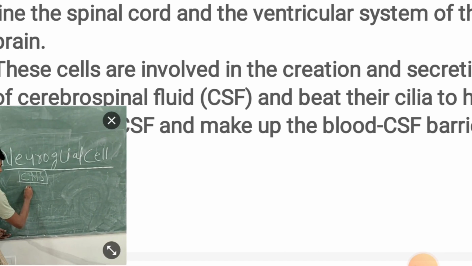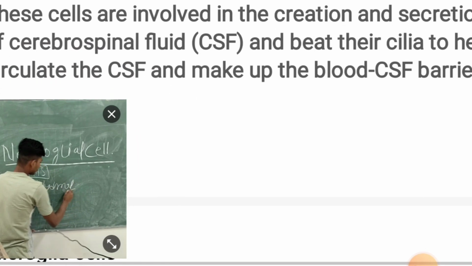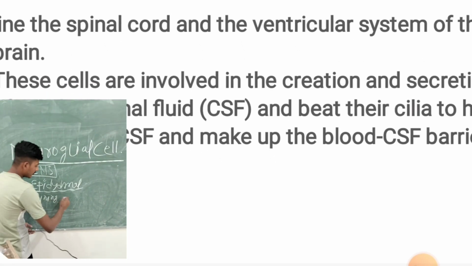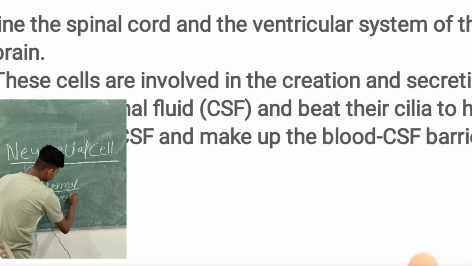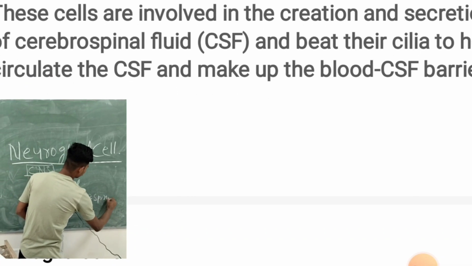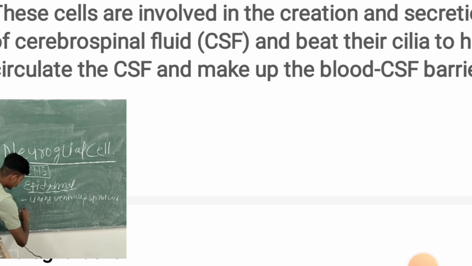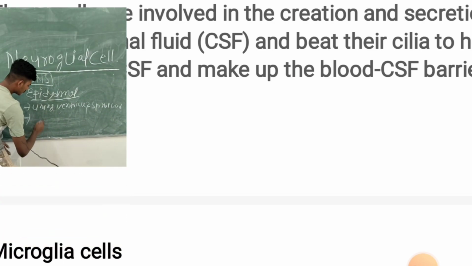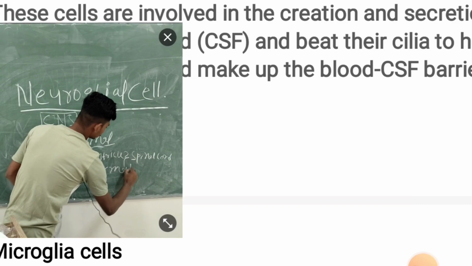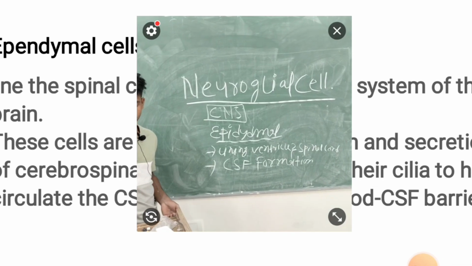So about the ependymal cell: it performs the lining in the ventricles and spinal cord, and by the lining they produce the CSF. These are the two functions related with the ependymal cells.